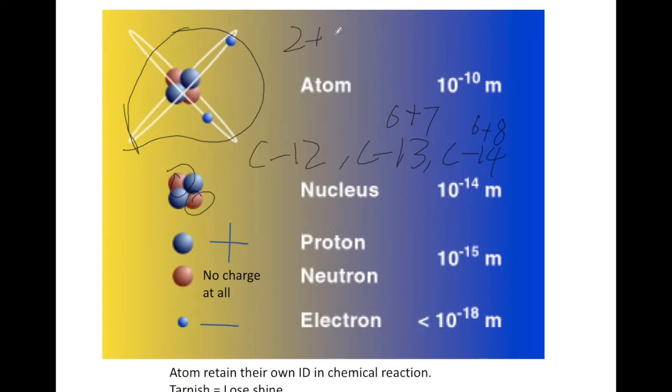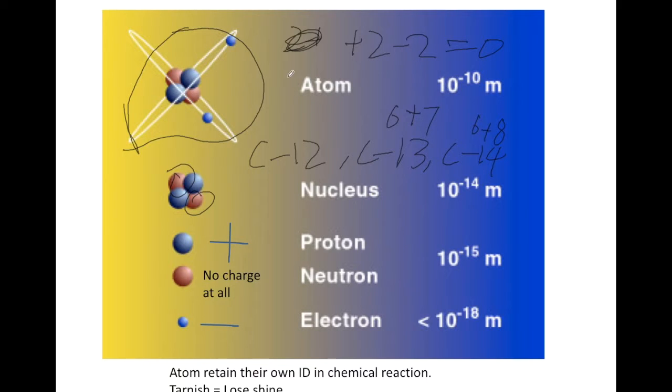Actually, I'll write it in positive 2 form. And in order for the atom to be neutral, it will have 2 electrons. Minus 2 equals 0.